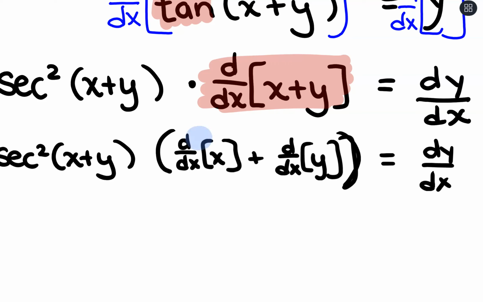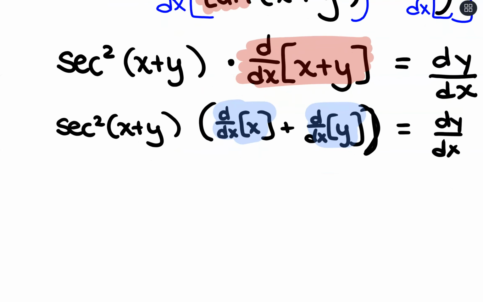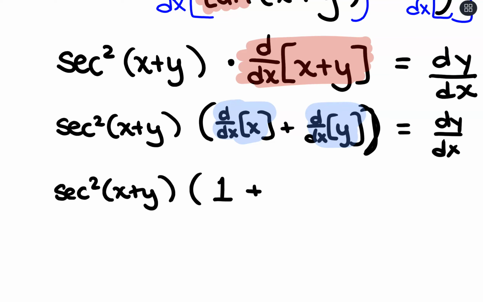So focusing on the derivatives in here, what we're going to have is that secant squared is still multiplying on up front. Derivative with respect to x of just x is 1, plus the derivative of y with respect to x will give us dy dx equals dy dx.